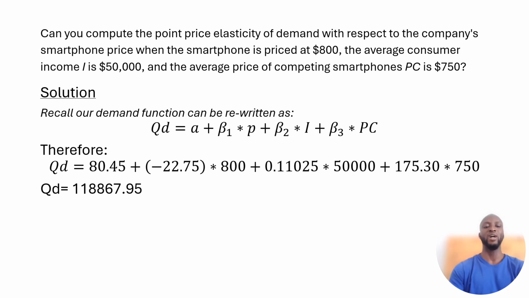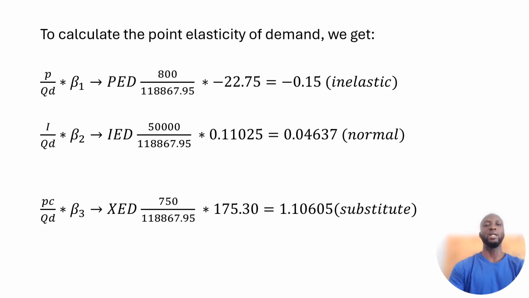Now you're going to use this value, quantity demand, to calculate the elasticity of demand. So this is what we're going to get. Now it's going to be price divided by quantity demand multiplied by beta 1, in our case of price elasticity of demand, which is representing the change, right? It's like the slope. So it's price divided by quantity demand and multiplied by the slope, in this case beta 1.